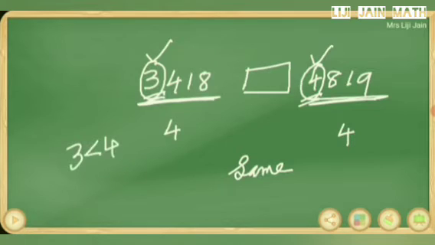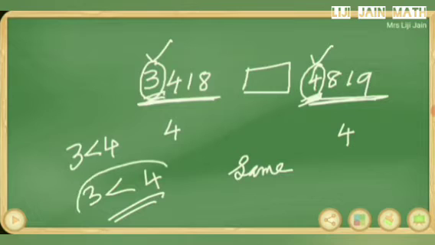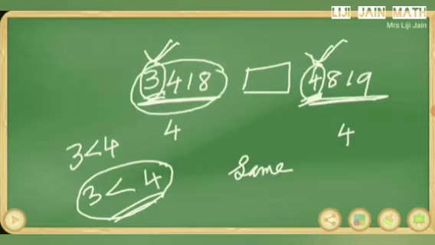The first digit of the first number, 3, is less than the first digit of the second number, 4. Any doubt in that? No, we all know 3 is less than 4. Since the first digit 3 here is less than the first digit 4 here, we could say that 3418 is less than 4819.